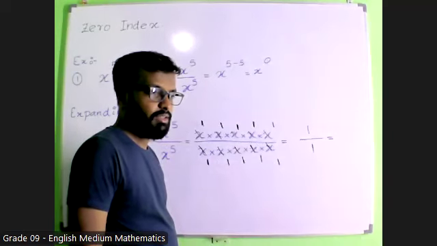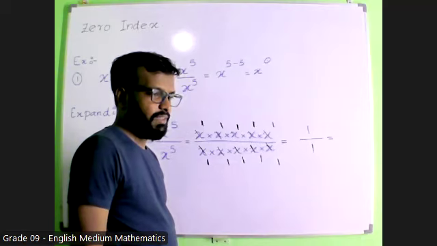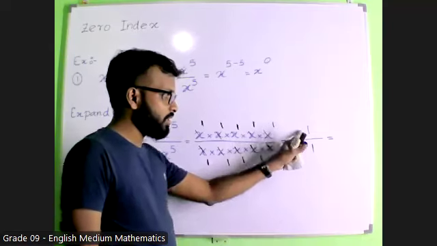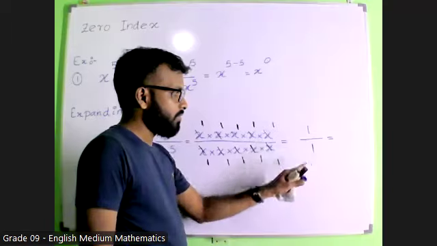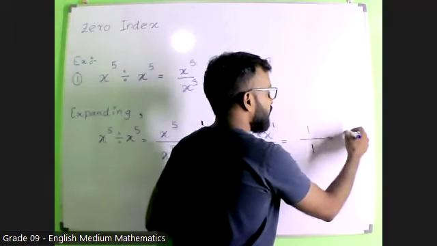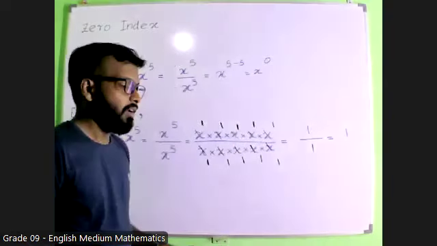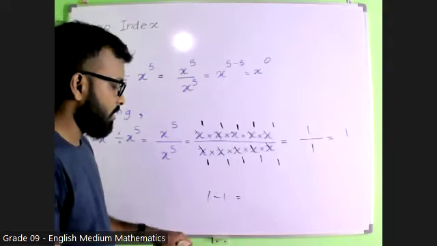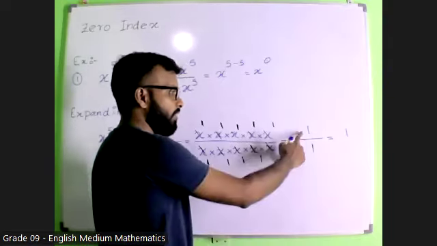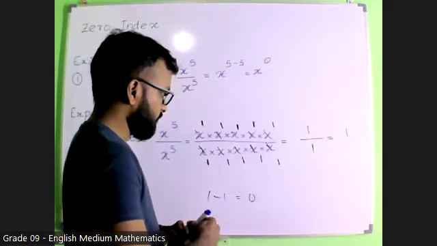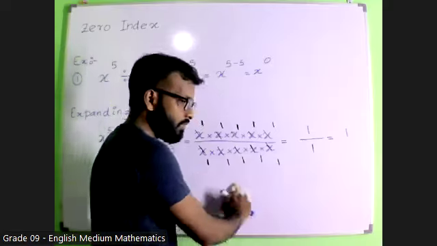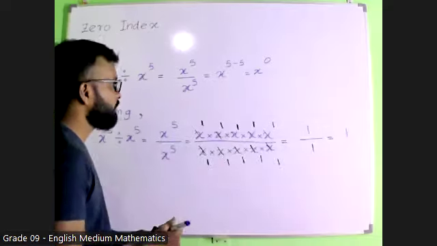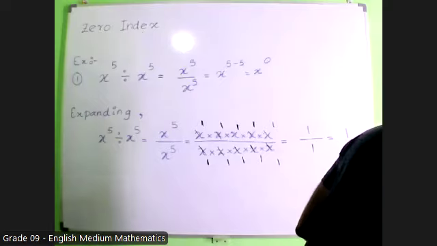What is the answer? 1 times 1, 1. 1 divided by 1 equals what? 1 subtract 1, 0. 1 divided by 1 is 1. So same thing.